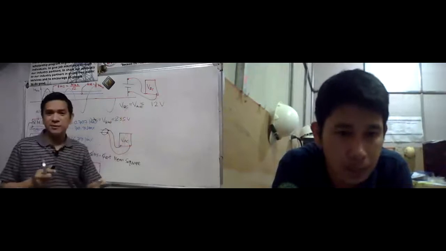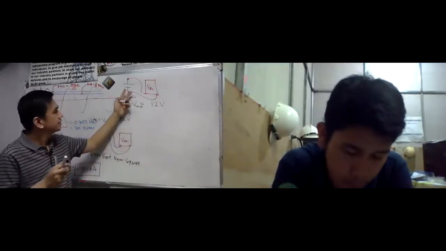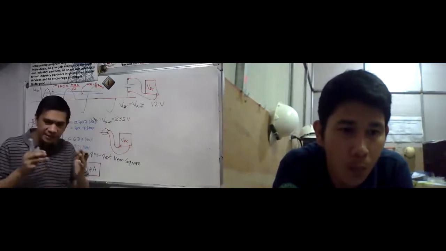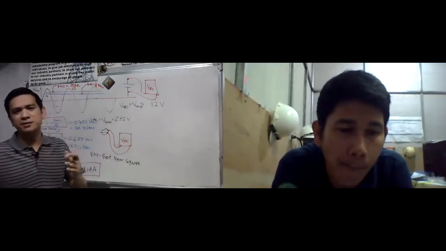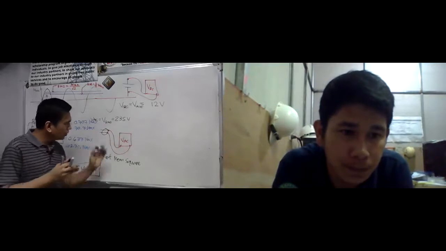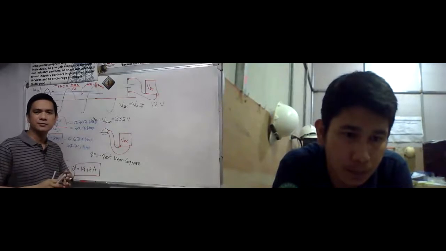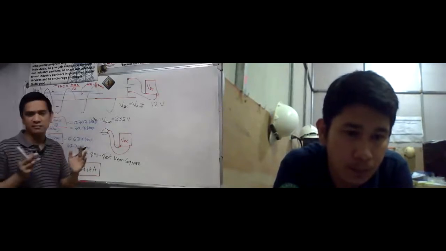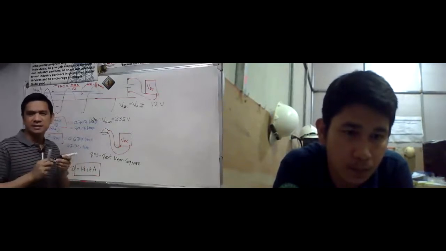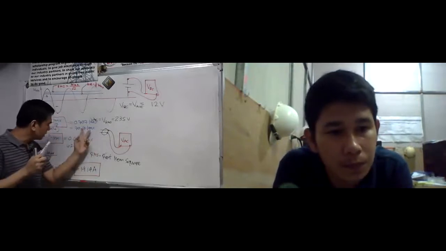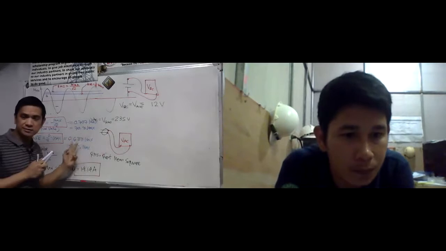DC meters measure average value. All DC meters measure average value. All AC meters measure effective or RMS value. It's not the peak actually. If you want to know the peak, of course, you have to do some calculations.